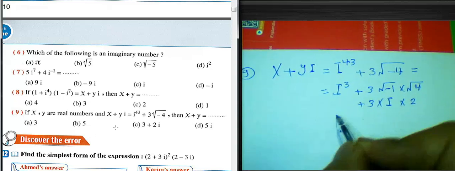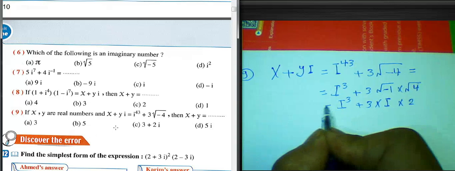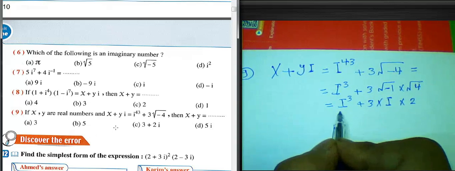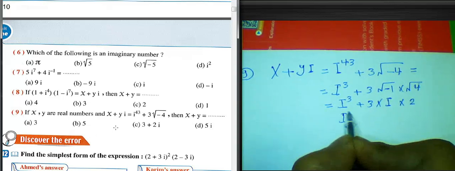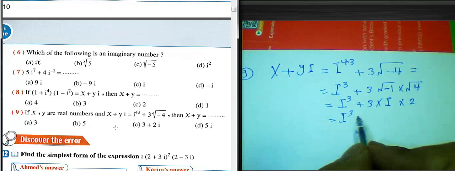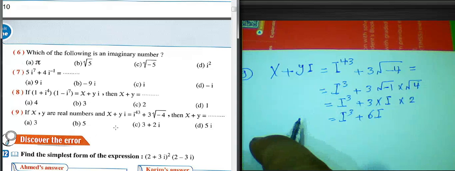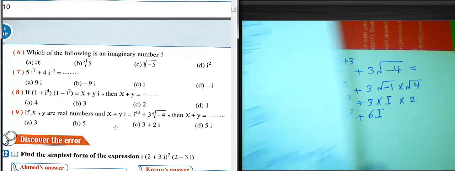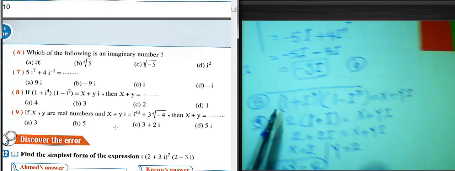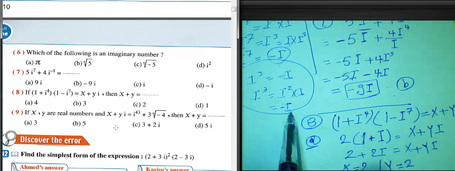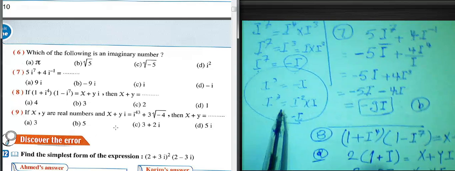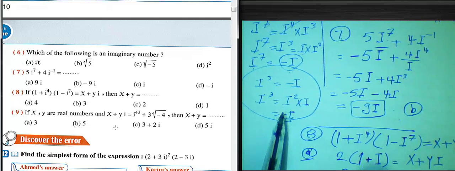Multiply by 3. i^3: who knows? You know it, yes, it's very easy. We learned it here: i^3 is negative i.